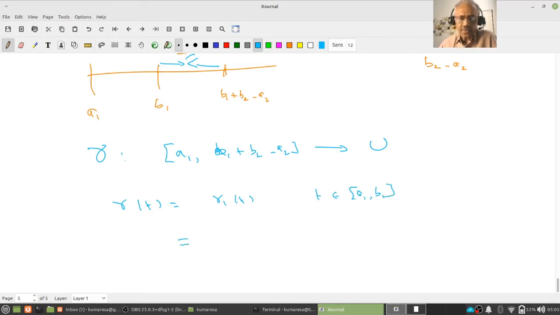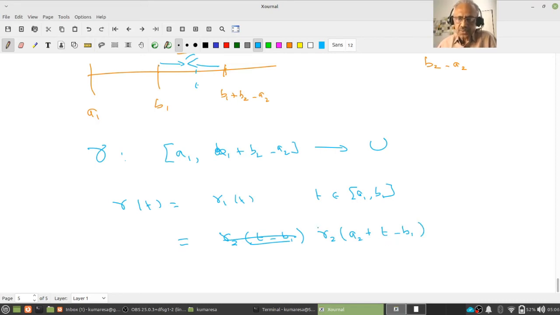And for gamma 2, I have to define what should happen. If I take a t here that is greater than B1, I should simply say t minus B1. Gamma 2 should start with A2, so I start with A2 and then t minus B1.